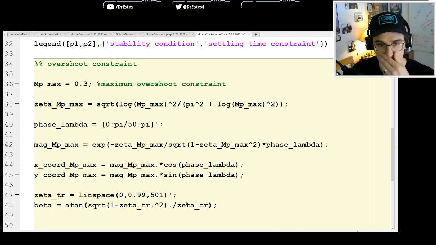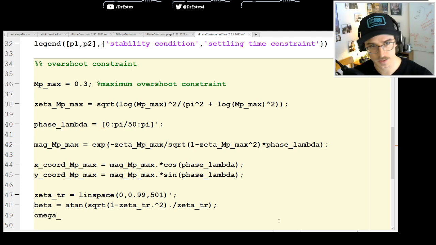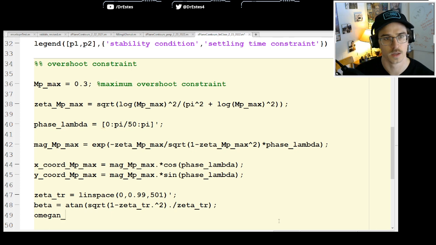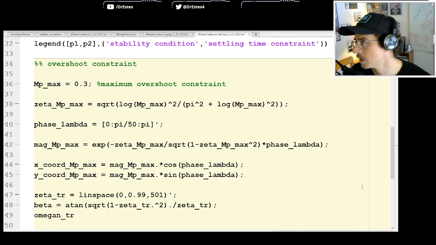Don't you need to add 2 pi? Or are you talking about the omega? We're going to add a pi with this. So omega n, but let's call it omega n underscore tr. What does the 501 stand for? The way linspace works is it makes a vector between 0 and this number, and this just says how many points to create.